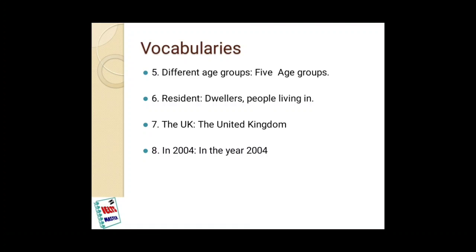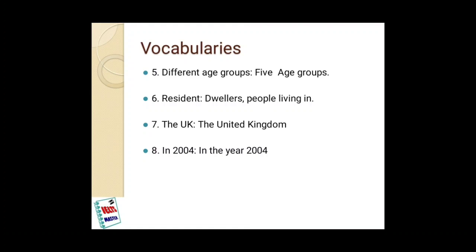There is a difference between citizens and residents. Residence means you are living in a certain country, can be permanent, can be temporary. Next is the UK, so you can say United Kingdom. Then 2004 can be in the year 2004.